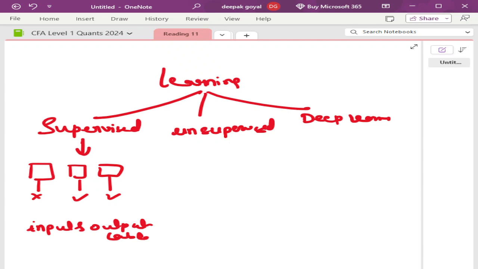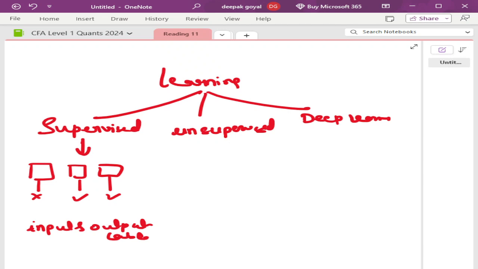But in the case of unsupervised learning, input data are not labeled. Imagine giving a kid a jigsaw puzzle without the picture on the box. Now they have to figure out how to put the pieces together on their own. Similarly, in machine learning, we give a bunch of photos but don't tell anything about them.